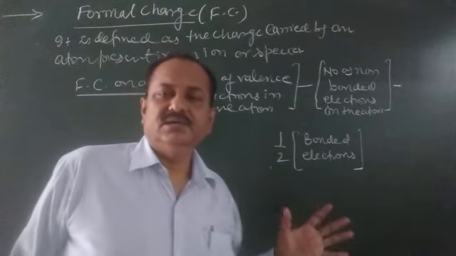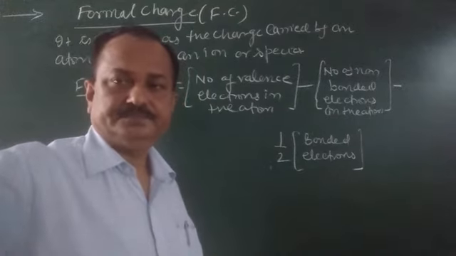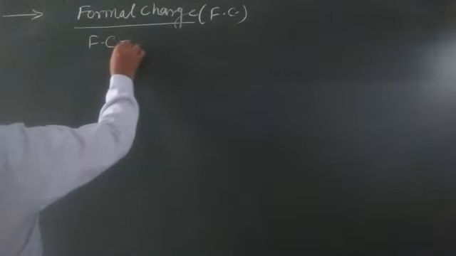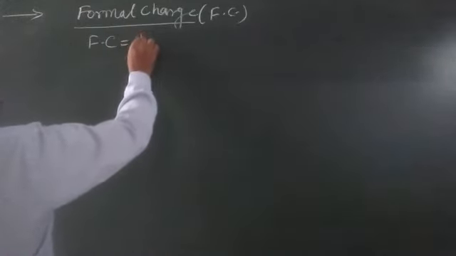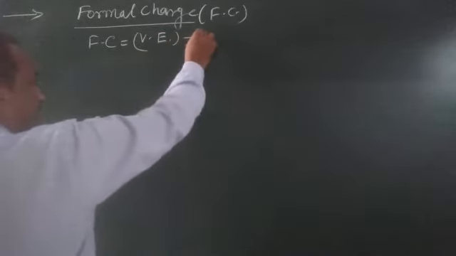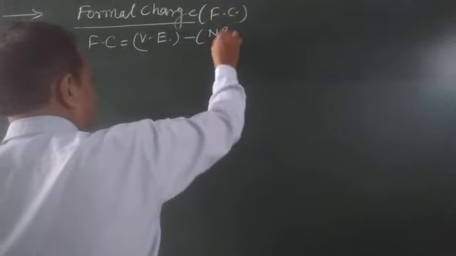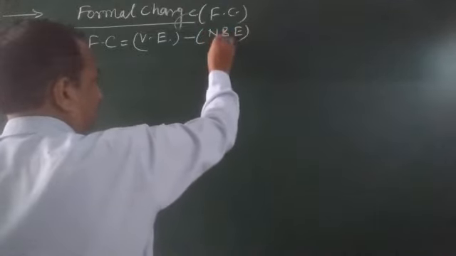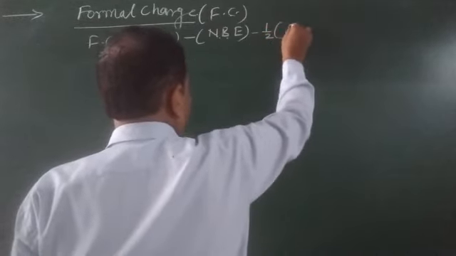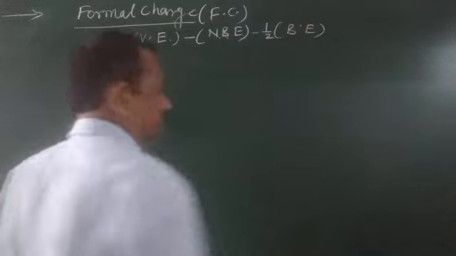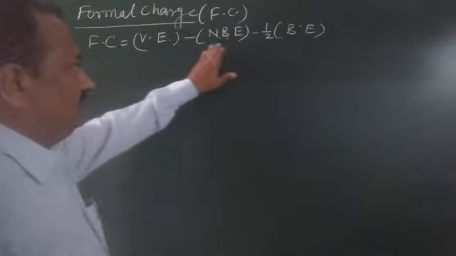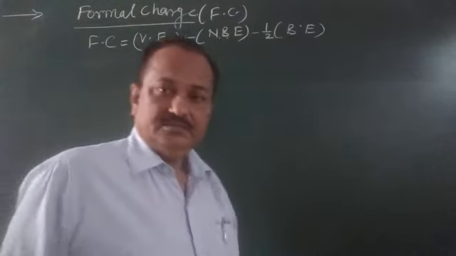Or simply we can write in brief, FC is equal to valence electrons minus non-bonded electrons minus half of the bonded electrons. This is a very simple point: valence electrons, non-bonded electrons and bonded electrons.